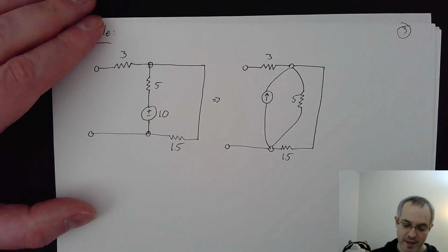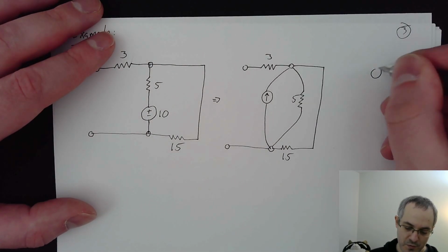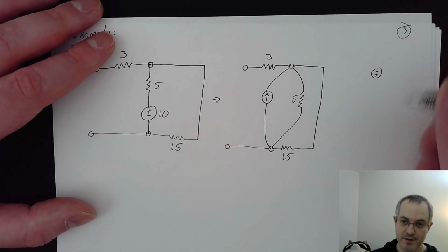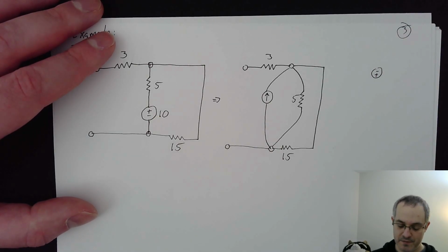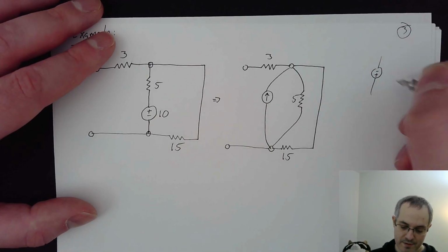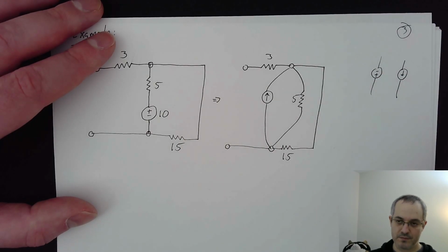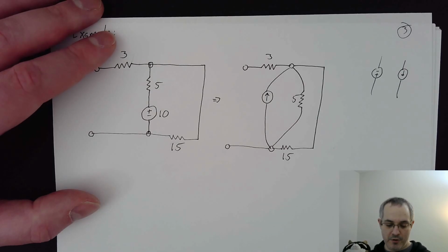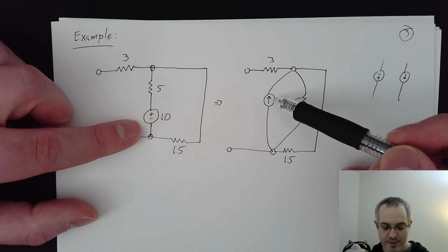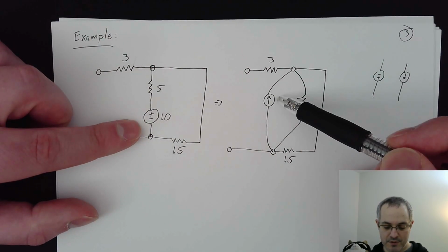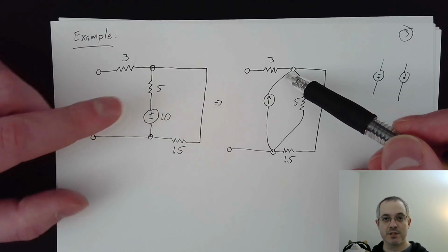That is to say, if the voltage source were like this, negative, positive, then the current source we would draw down. Remember that the current source produces a voltage as well.